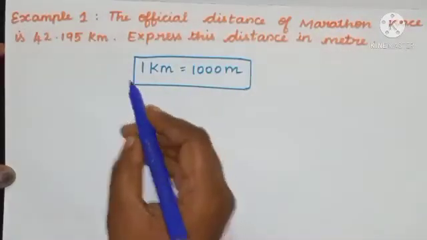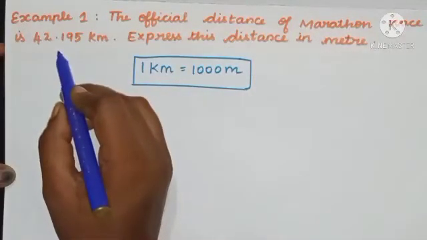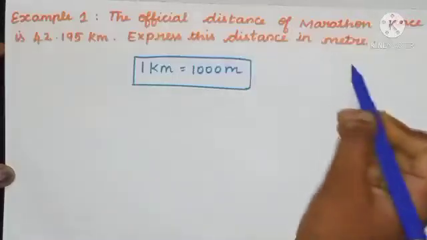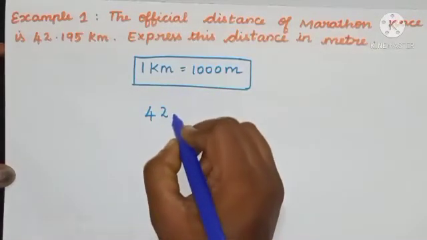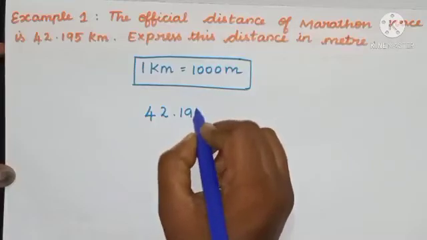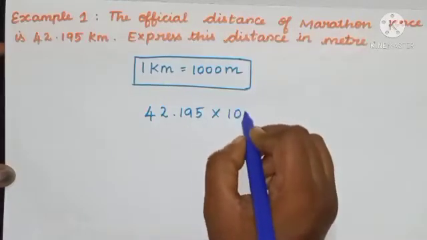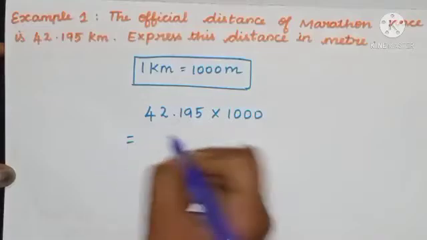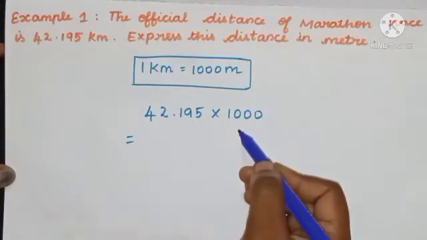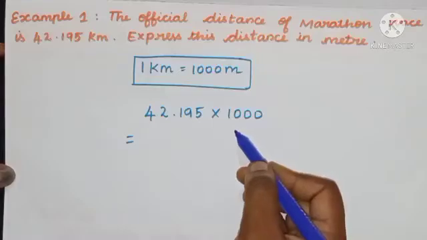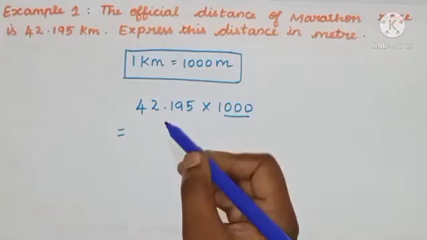Here we have to convert 42.195 kilometer into meter. So you have to multiply 42.195 into 1000. Students, as we already know how to multiply the decimal number by 10, 100 and 1000, here we have 3 zeros.